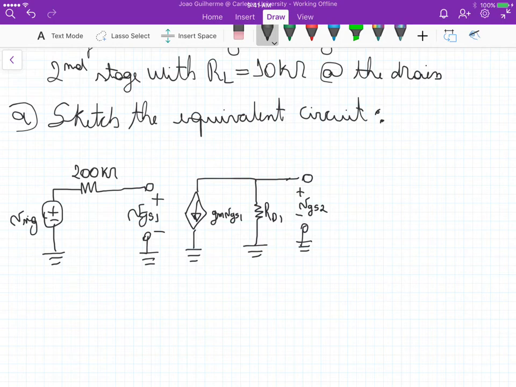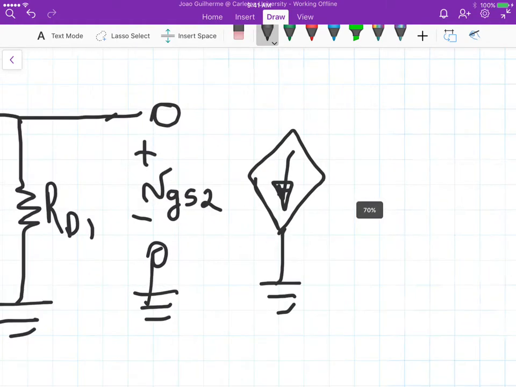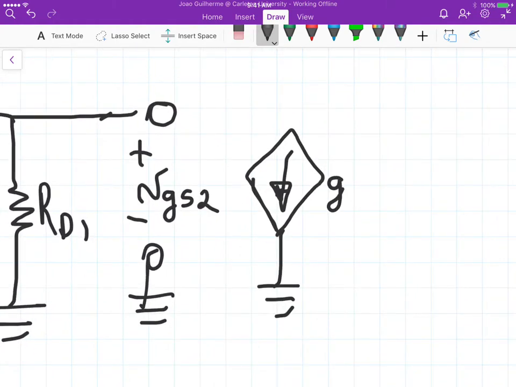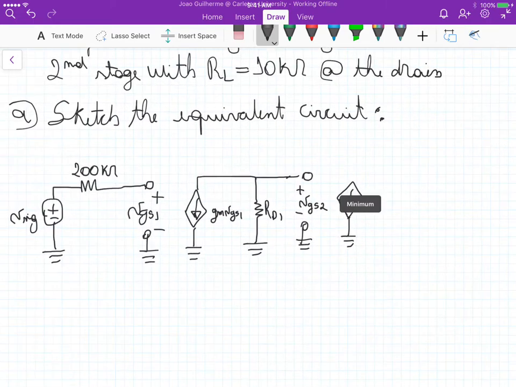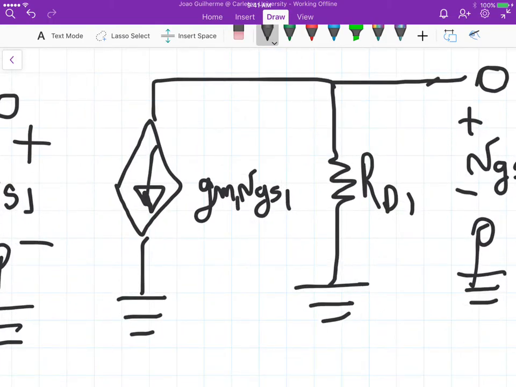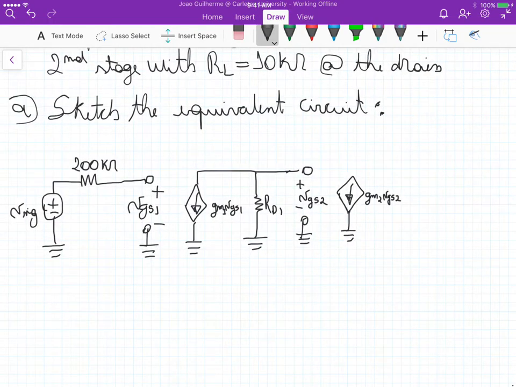Now this VGS2 is going to be used by the second current source here to give us the value of ID2, which is GM2 times VGS2, and here is GM1. They might be different if we have a different drain current.